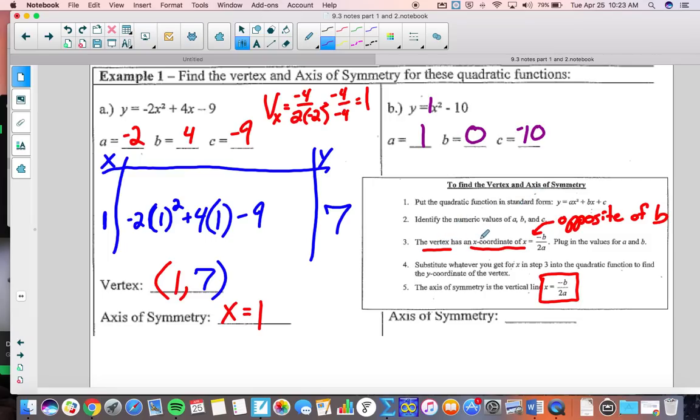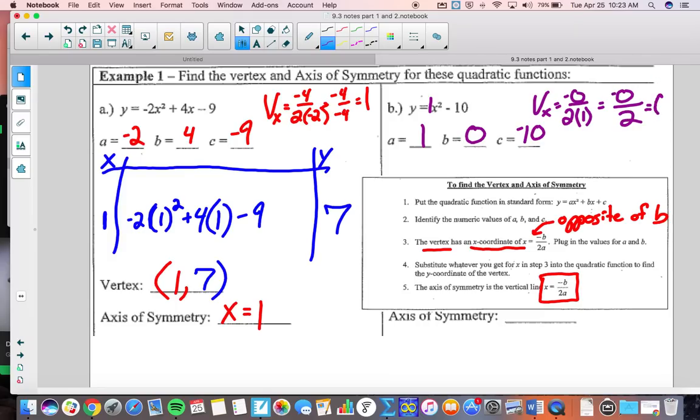So I've identified a, b, and c. Now the vertex has an x coordinate. So v sub x equals whatever the opposite of b divided by 2a is. Well, the opposite of 0 is like negative 0, but I'll throw a negative there just if you want me to. But negative 0 divided by 2 times 1, because a is 1. So we get negative 0 divided by 2.